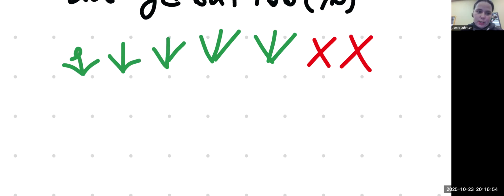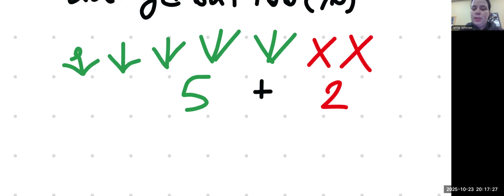Germination rate calculates what amount don't make it and what amount do, because it can be important. So in the really quick example that I just drew, 2 did not make it, and 1, 2, 3, 4, 5 made it. We're going to turn that into a fraction first and foremost. 5 plus 2 equals 7.